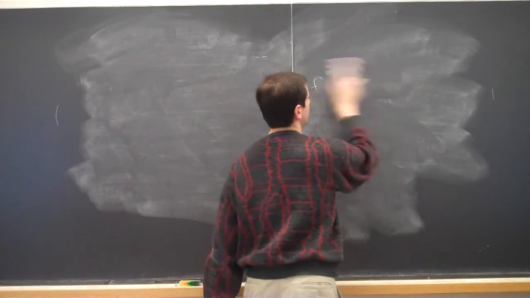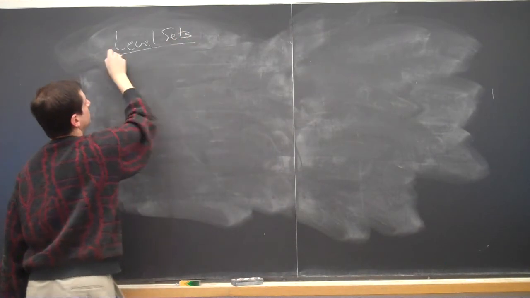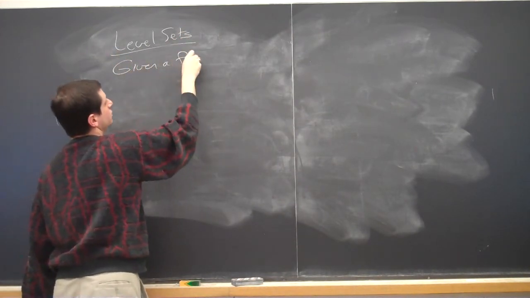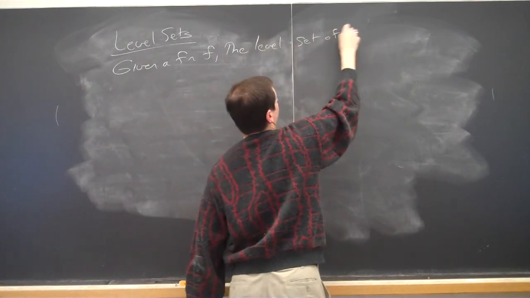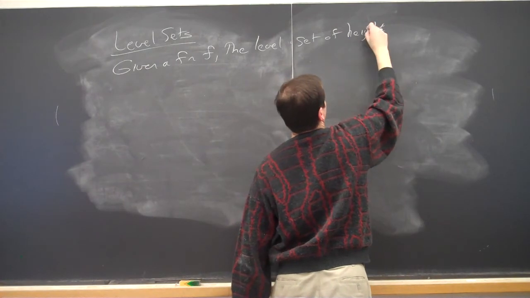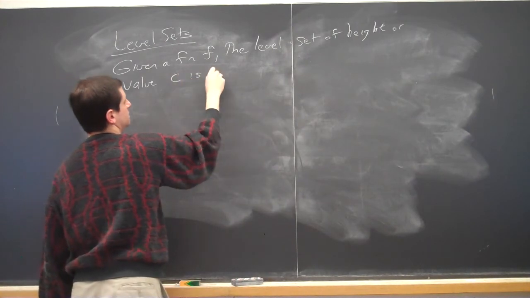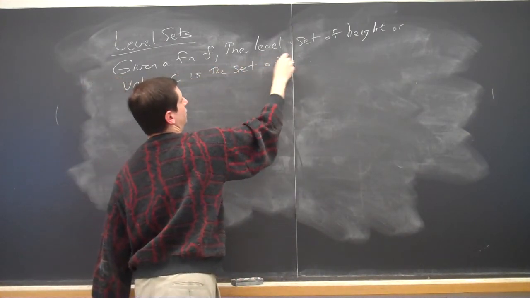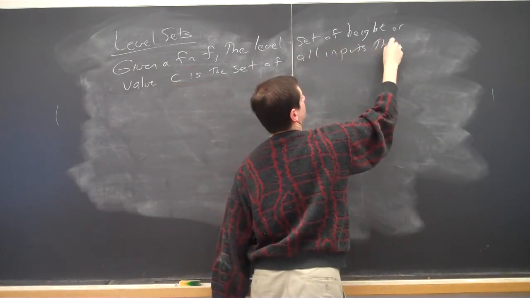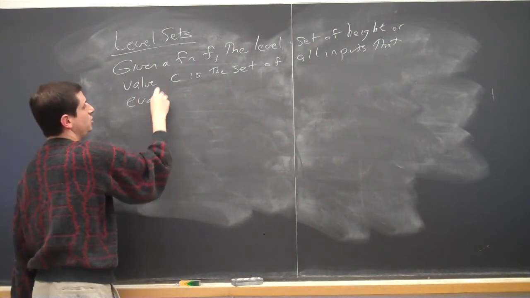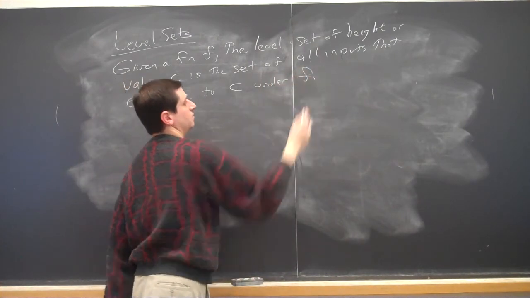So now it's time to do level sets. Given a function f, the level set of height or value c is the set of all inputs that evaluate to c under f.